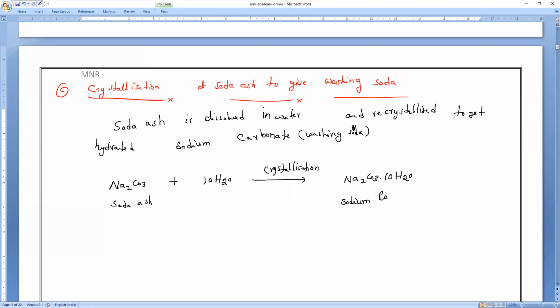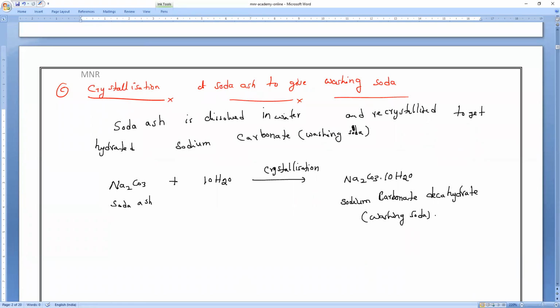Sodium carbonate decahydrate, which is popularly known as washing soda. So this is the production of washing soda.